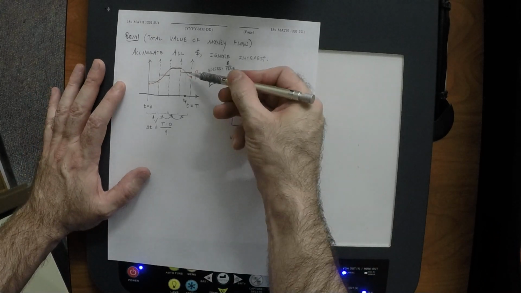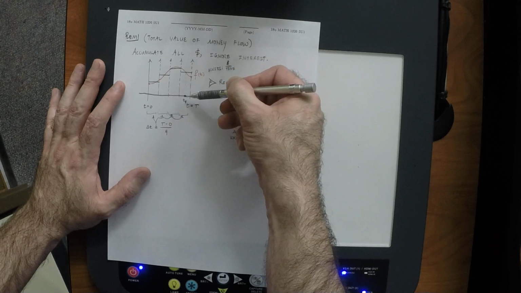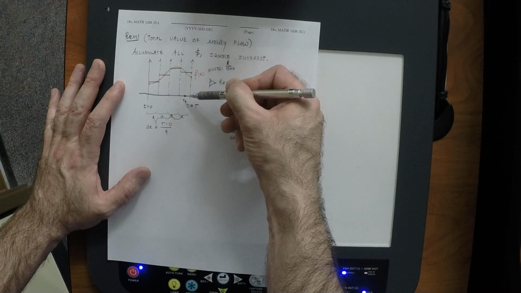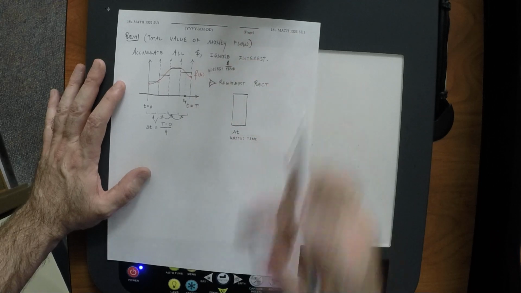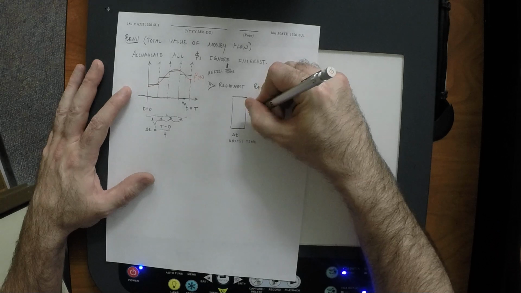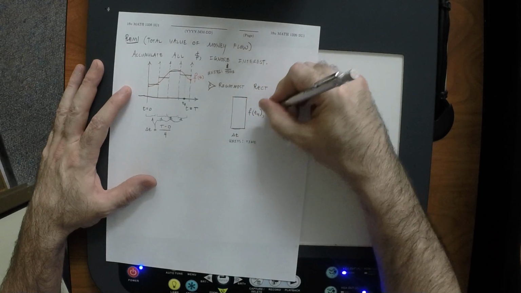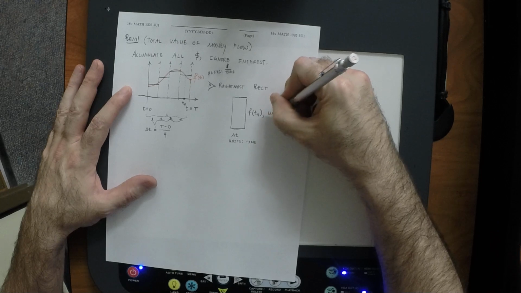And notice that we selected the rectangle that is the same as f at input t4. So the height of that rectangle is in fact f of t4. And now, what are its units?